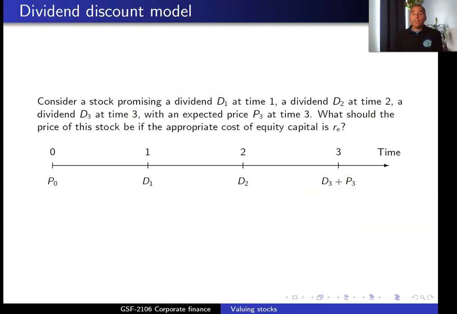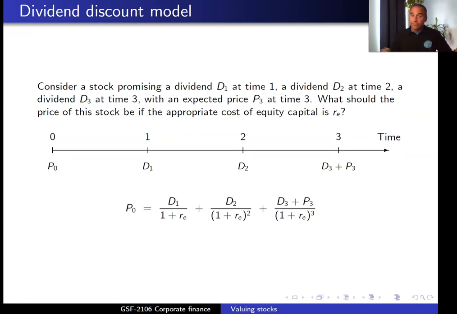Consider a stock promising a dividend of D1 at time 1, a dividend of D2 at time 2, and a dividend of D3 at time 3, plus an expected price of P3 at time 3. What should be the price of this stock if the appropriate discount rate is RE? Well, the first dividend discounted over 1 year, plus the second dividend discounted over 2 years, plus D3 and P3 discounted over 3 years.